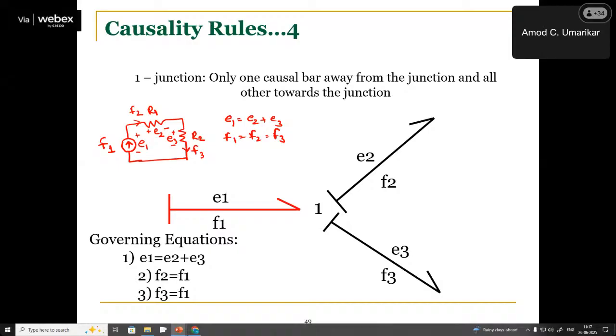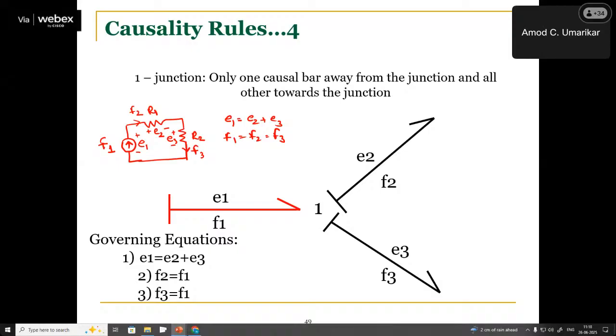Correct? Same thing. Series connection. Now, one junction, only one causal bar away from the junction, all others towards the junction. That's the idea here, that in a series connection only one flow will be there, so obviously all other flows are the same as this F1. So F2 is equal to F1, F3 is equal to F1.